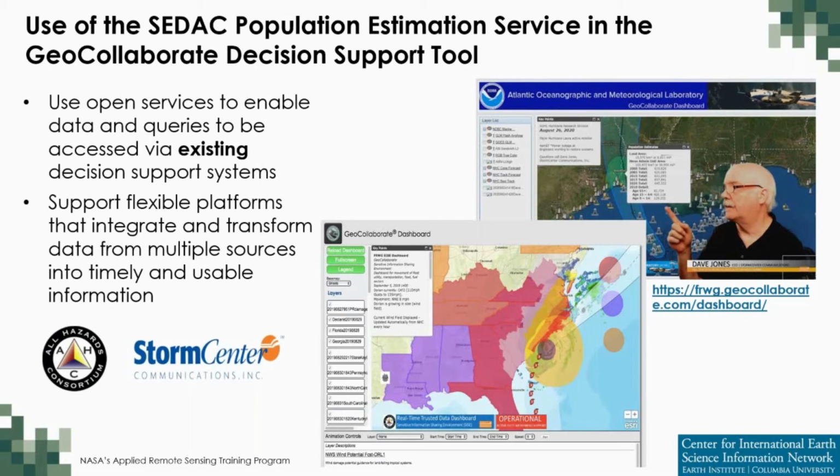This is being implemented now for the National Weather Service and other NOAA centers. That's Dave Jones pointing at the output that his client returns from our server, which again uses GPW as the source of gridded population data that's summed up to the area that a user wants.